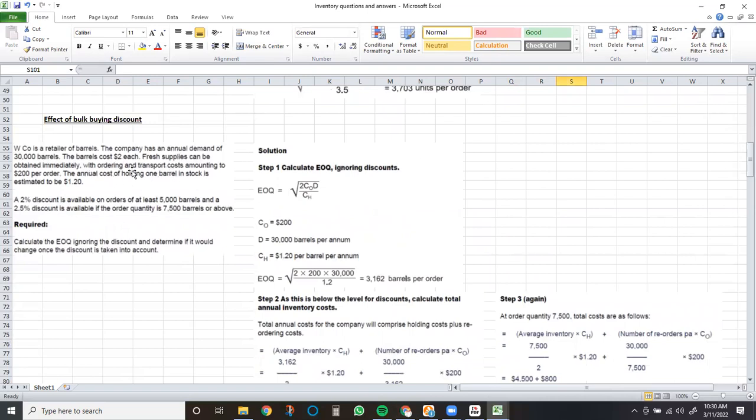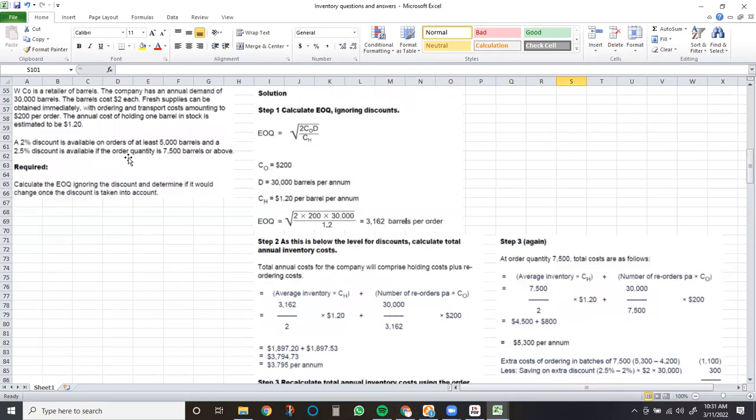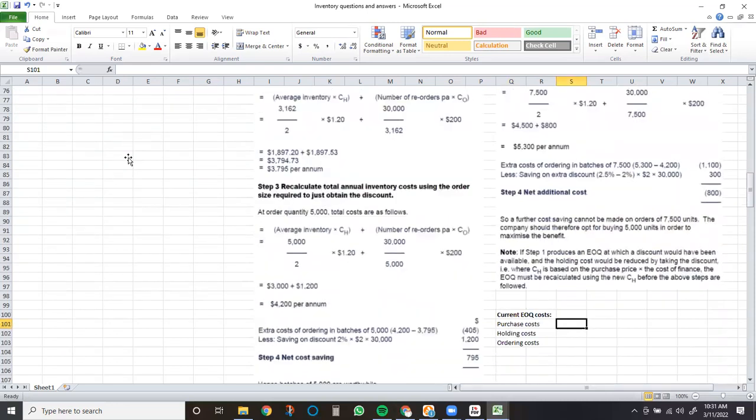So the current cost is $2 and it's 30,000 barrels per annum.